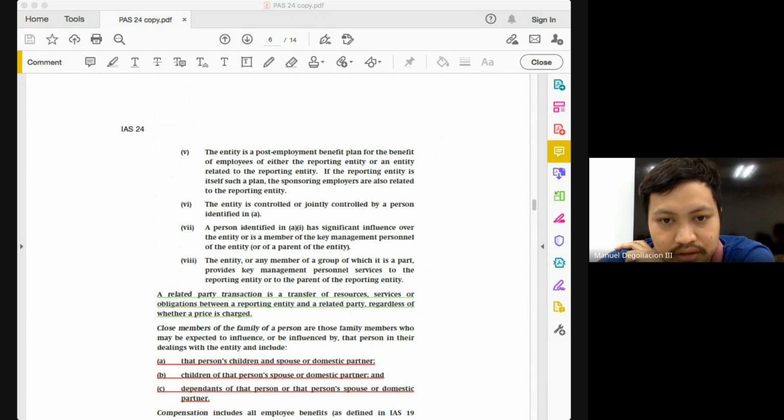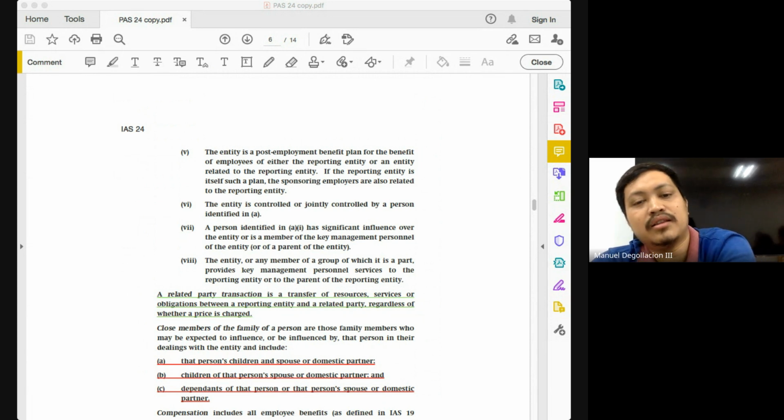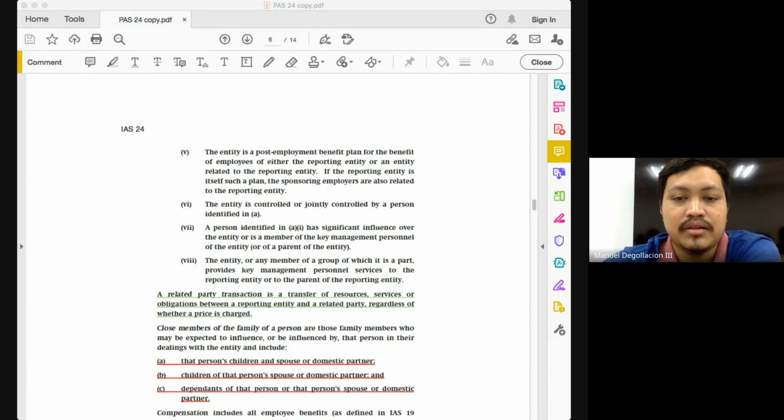Very important qualification, class. Because sometimes the question will make it tricky by saying that it will only be a related party transaction if the price is charged. Take note that the standard tells us that it will still be considered as a related party transaction regardless of whether a price is charged.